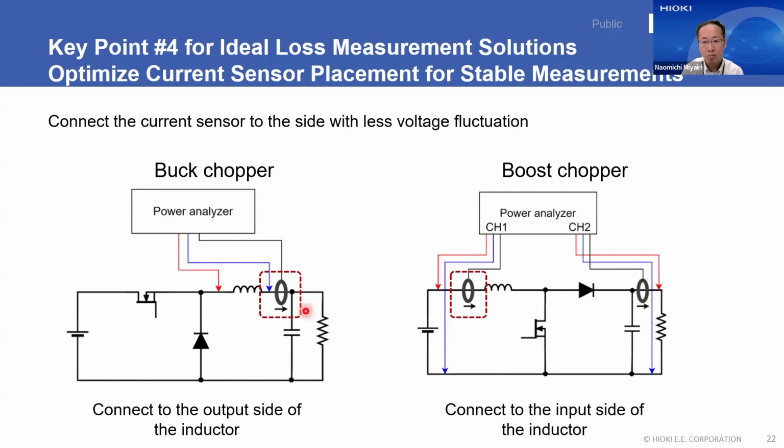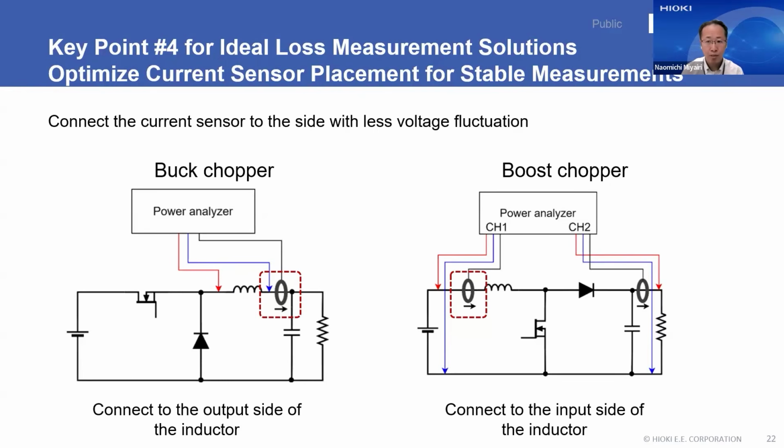So generally speaking, current sensors have a reduced CMRR, common mode rejection ratio, at higher frequencies. So connecting the current sensor to the output side where there are fewer frequency components provides more stable measurement results.